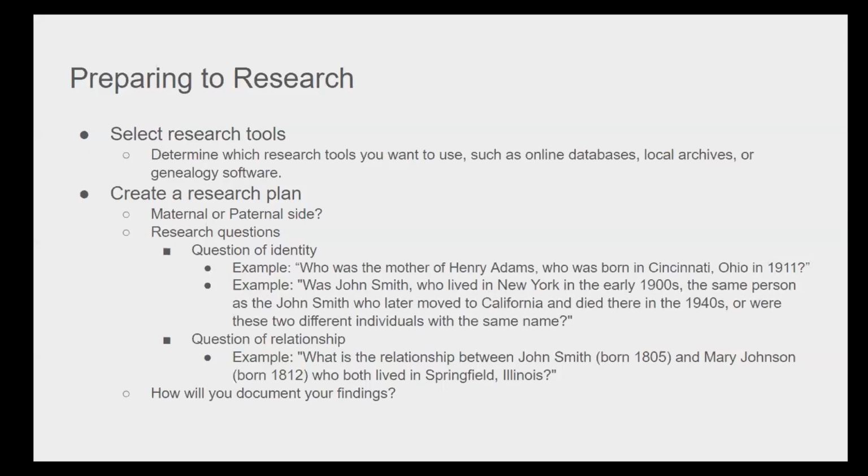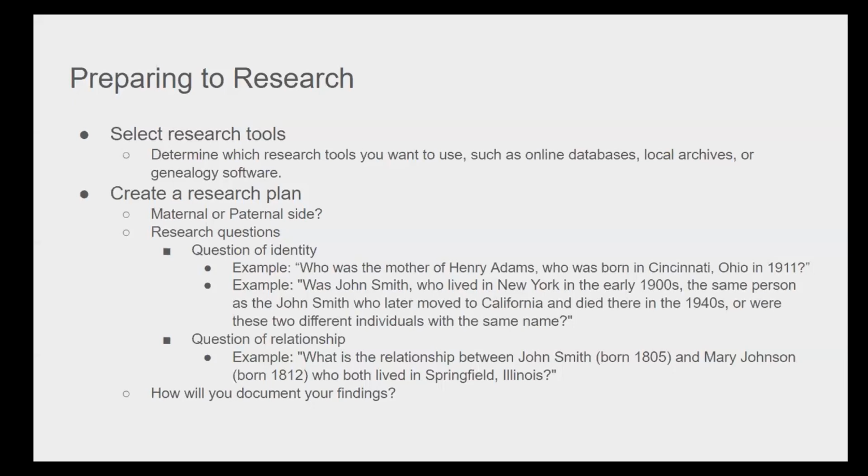For instance, an example would be the question, who's the mother of Henry Adams, born in Cincinnati, Ohio in 1911? This question has enough specificity regarding the location and the date, and that enhances the focus and the likelihood of a successful research outcome.